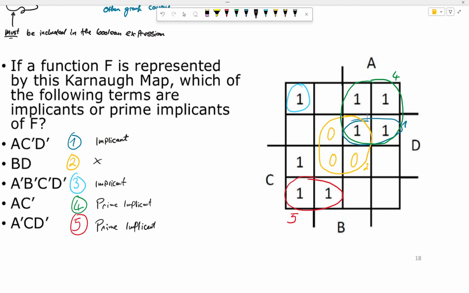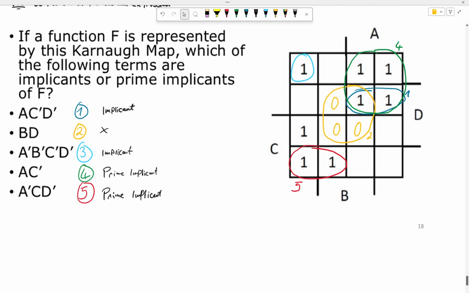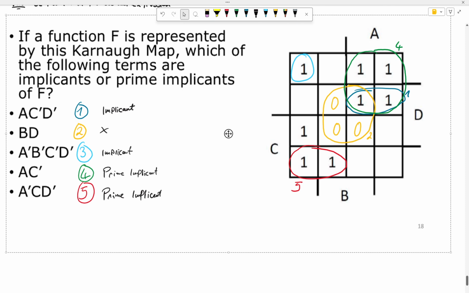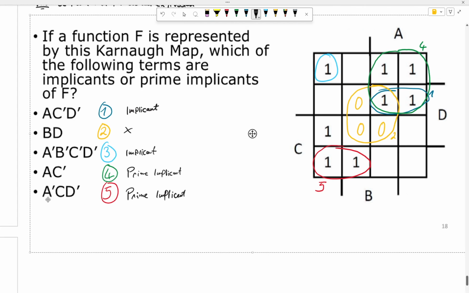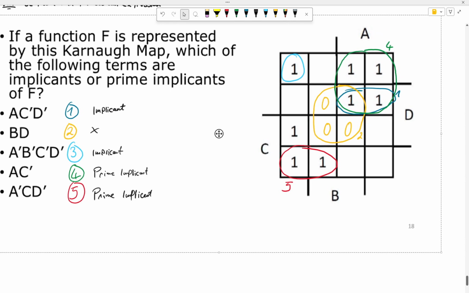However, it is not the largest possible combination in its current state. Next, we have A, C complement. This is this green group here of 4 terms. It is not possible for this group to get bigger, and it does not include any zeros, and thus it is a prime implicant. Lastly, we have this term here, A complement, C, D complement.